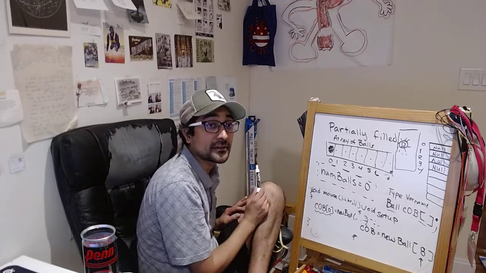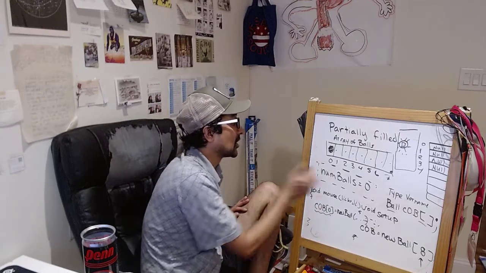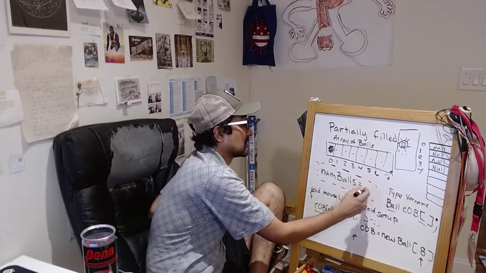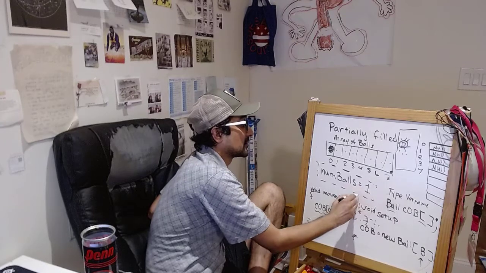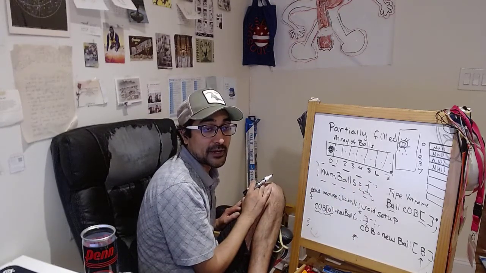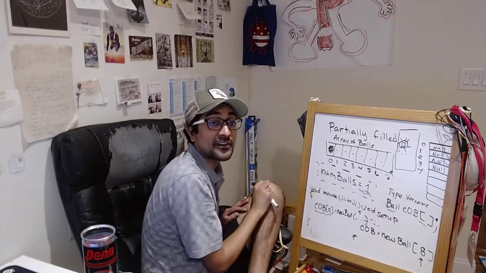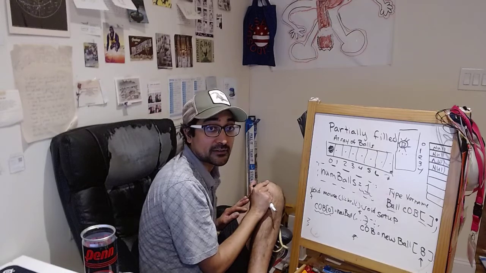And if you get a null pointer exception, that's probably why. Instead, we want to go to the number of balls in our partially filled array. Number of balls is now the length we care about.